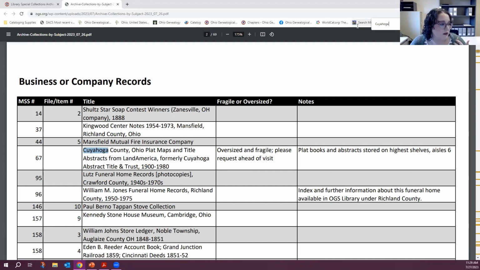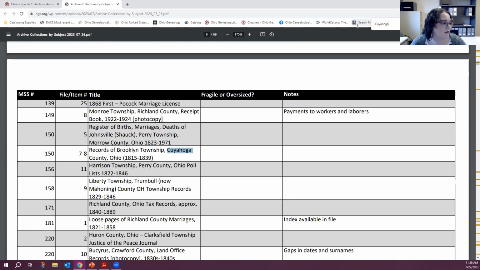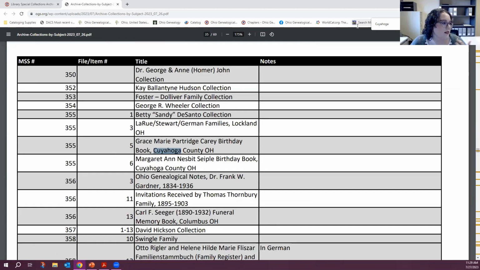So we have plat maps from Cuyahoga County that is from a specific mortgage company that was in Cuyahoga County for this specific time frame. We also have a funeral home ledger for Cuyahoga County. We have the lineage applications. We have other township records from Cuyahoga, as well as some Bibles and birthday books from Cuyahoga.